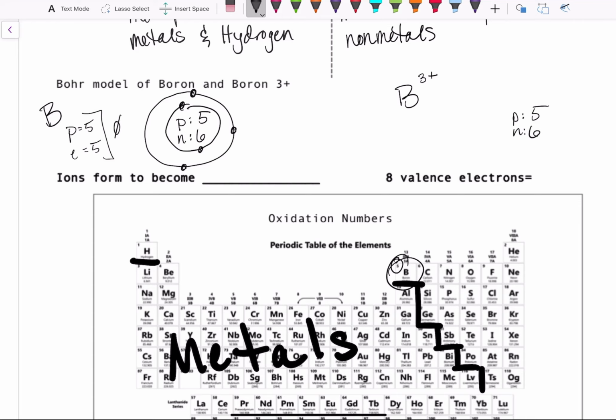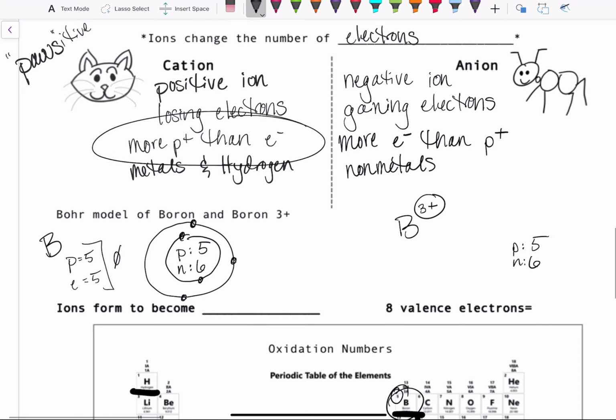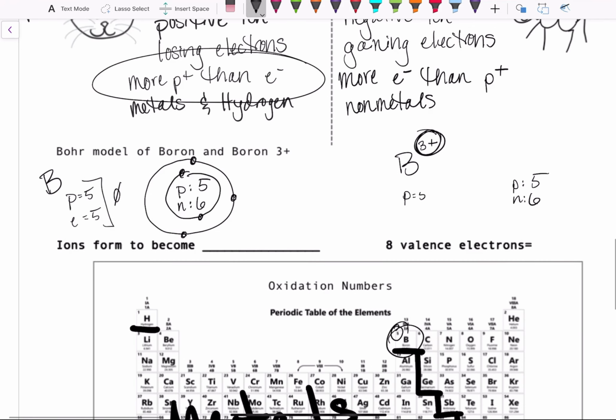If we look at boron 3+, this cation of boron, if it's positive, we know that we have more protons than electrons. Specifically, we're going to have 3 more protons than electrons. So if we do a quick math equation, there's 5 positive charges, and we're figuring out electrons. It's a cation, more protons than electrons, so we have to be more positive.